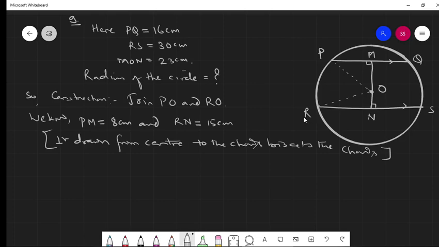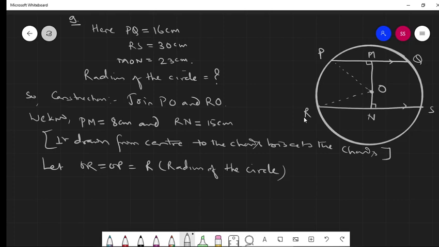Now let OR equal OP equal R, that is the radius of the circle. Since capital R is already given as a name, let us change this.